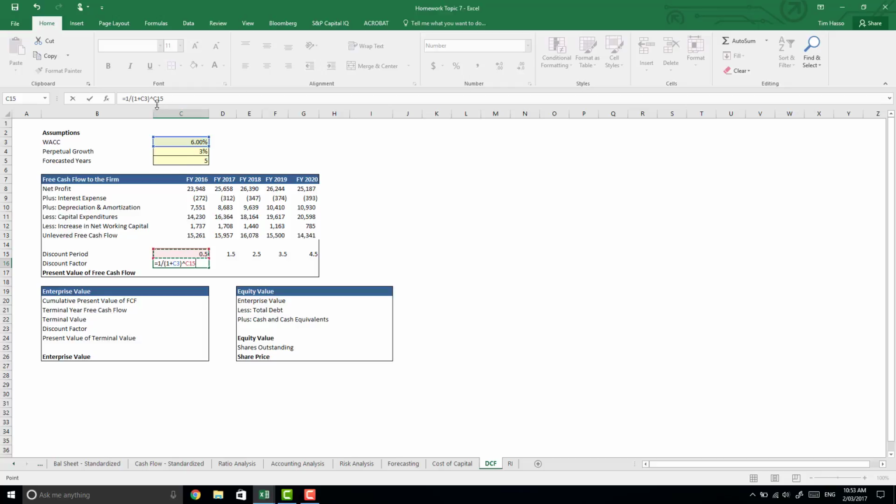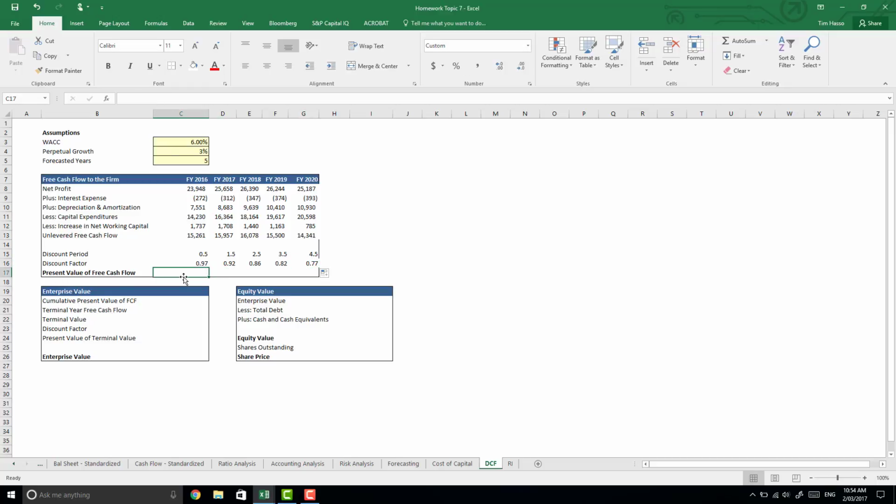It's important to lock cell C3 in this formula, because we can then drag it to the right. So it's 0.97 for 2016, and then 0.77 in 2020, which means that technically in 2020, even though we make 14,341, that amount is only worth 77% of its value in today's dollars.